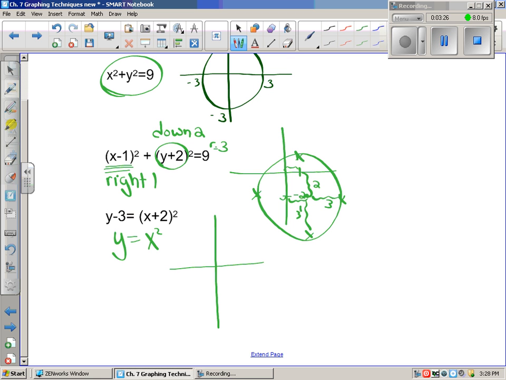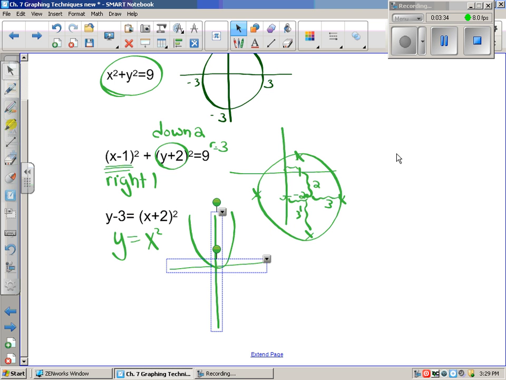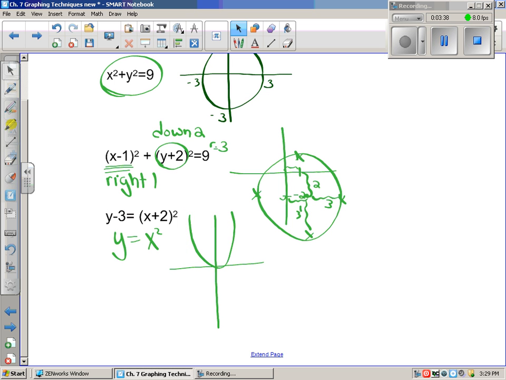So instead of the turning point being at 0, 0, which is what that would be, I'm going to just ungroup this here for a moment. What happens instead is it's going to go to the left 2, right? And it's going to go up 3. And so that's all we would need: this is the turning point of negative 2, 3.